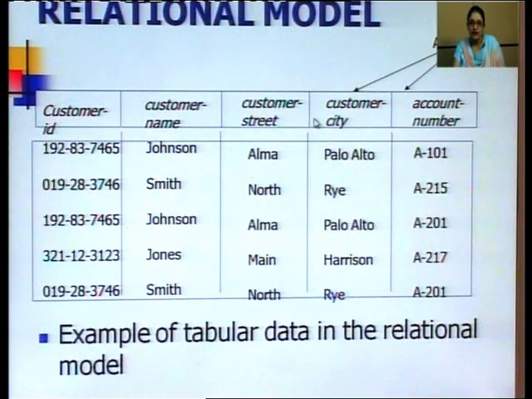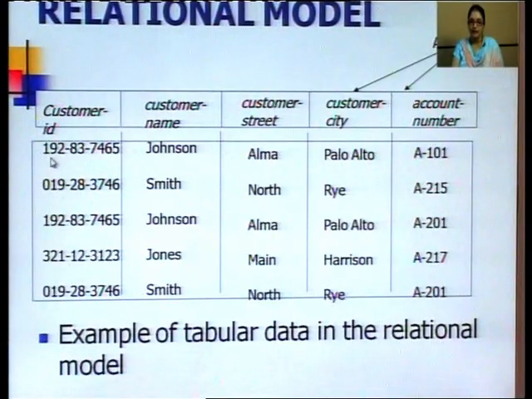These are the attributes of the table or a relation, and each attribute has different values at a particular moment of time. The first row has the value for customer ID 192837465, the name of the customer is Johnson, the street is Alma, the customer city is Palo Alto, and the account number is A101.